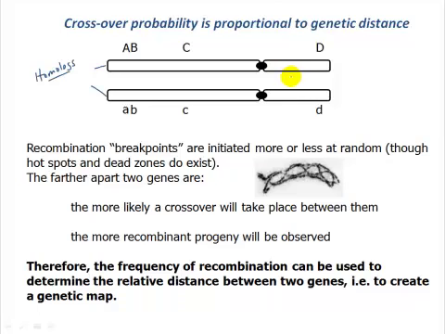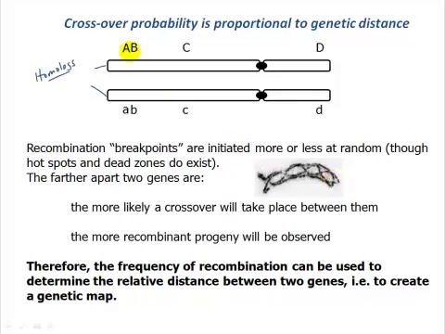A crossover event has to occur, or else that meiosis is not going to complete. We talked about that before. It's an obligatory event during meiosis. And so we're very likely to have a crossover event, in fact, guaranteed to have a crossover event between two genes that are located at opposite ends of the chromosome. In fact, we'll probably have multiple crossover events between them.